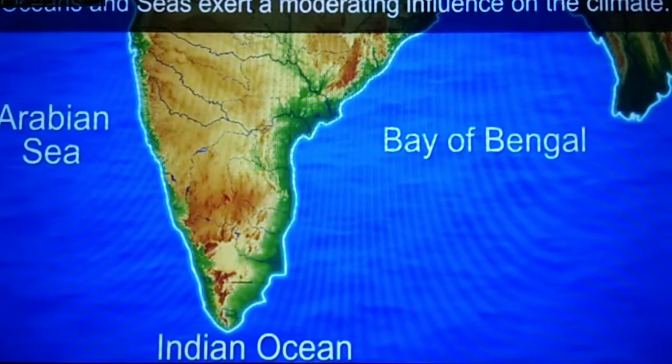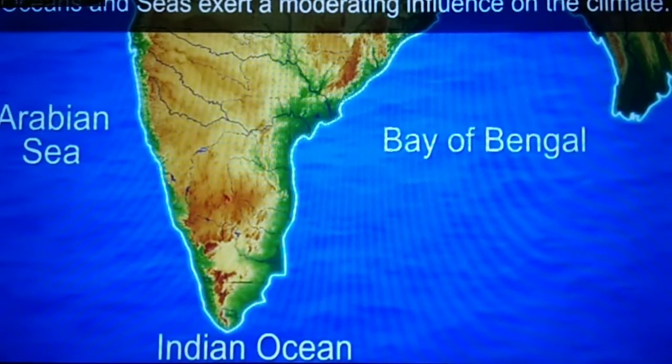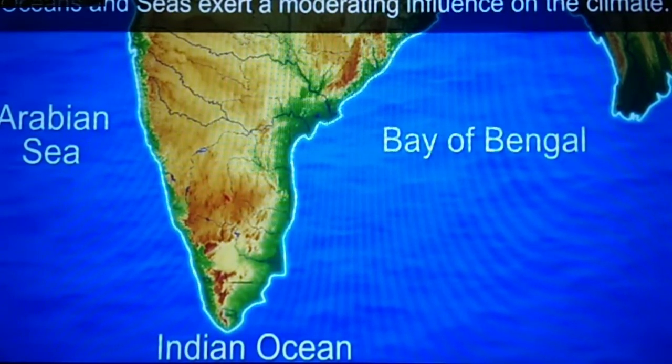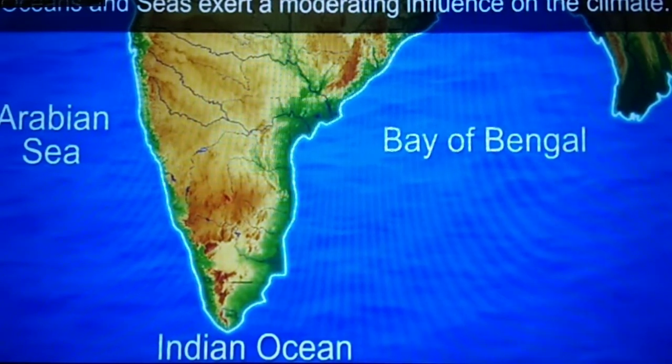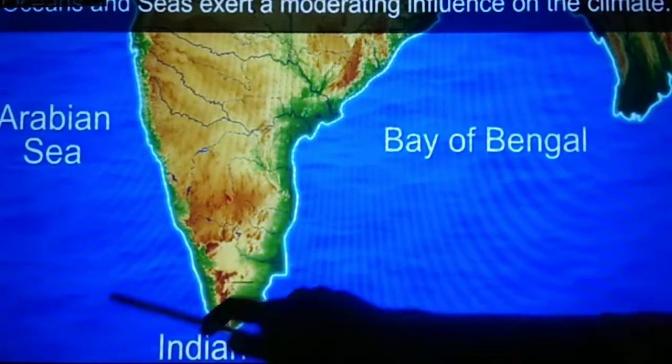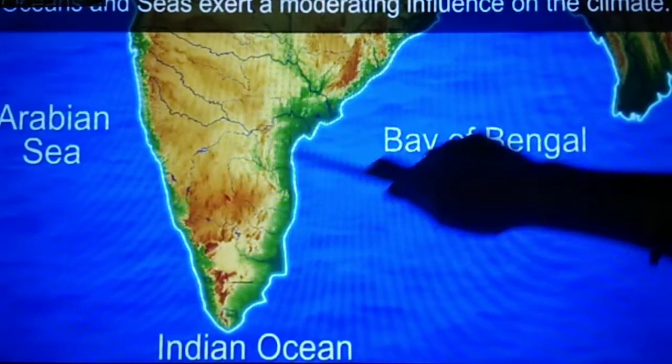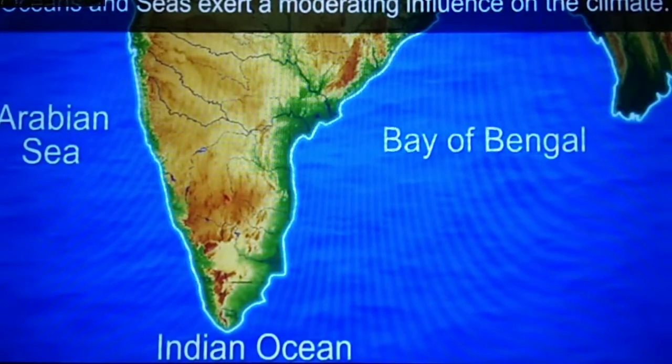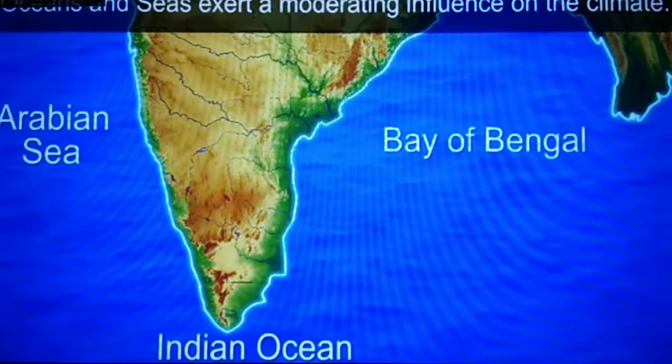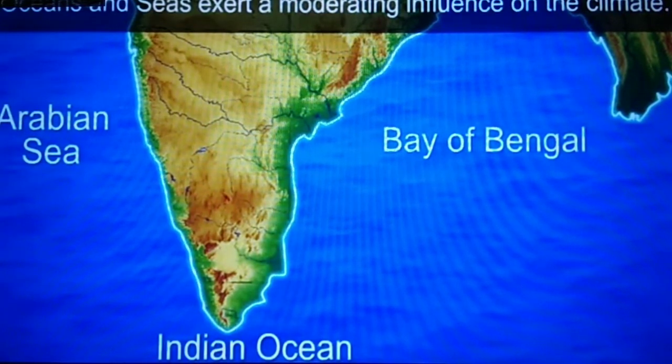And this water body is able to absorb a huge amount of heat and maintain the temperature in the coastal area. And second, this water body acts as the major source. As we know, the southwest monsoon wind comes from the Arabian Sea, and it is able to provide a huge amount of moisture to the summer monsoon.